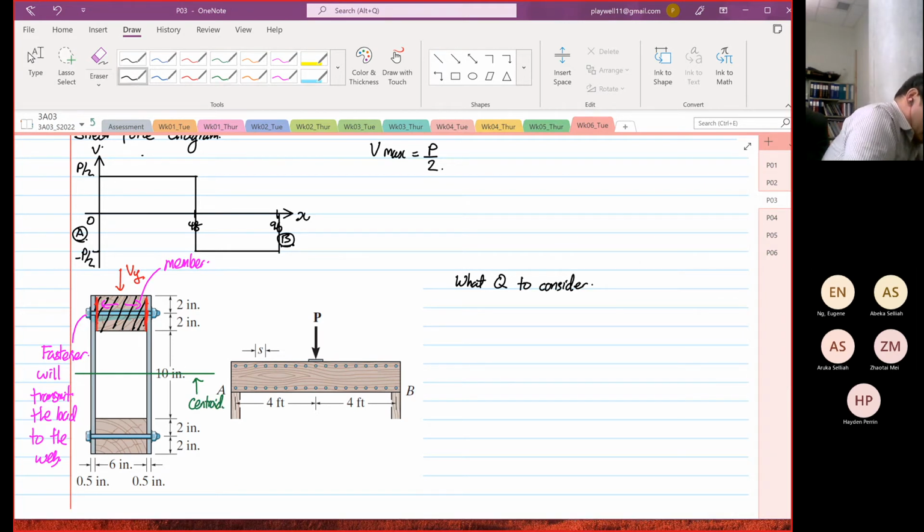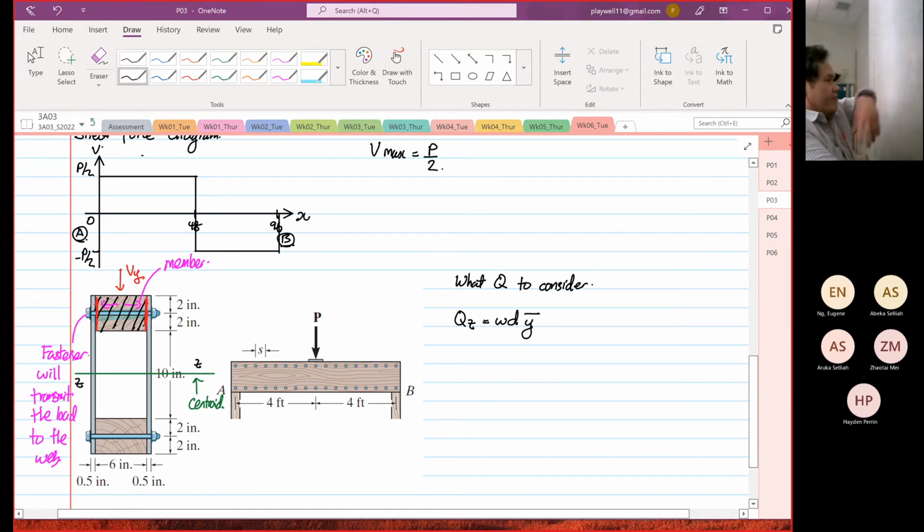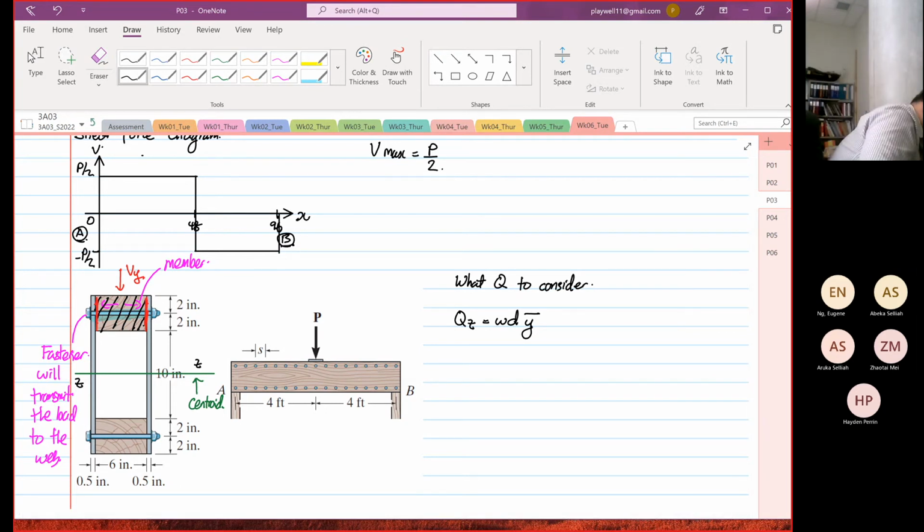So we are going to do Q. First moment of area about the z-axis is equal to width multiplied by depth multiplied by y bar. So the rules that I applied still stand. The first moment of area cannot cross the centroid, things like that. But that is the area we're going to consider.